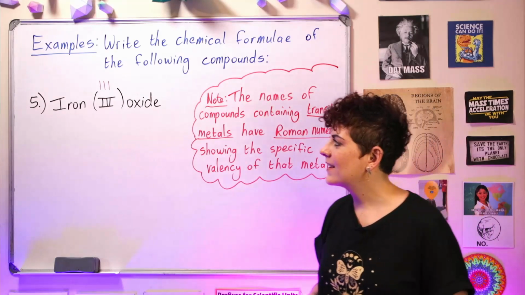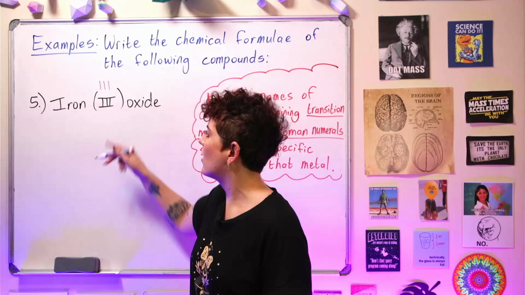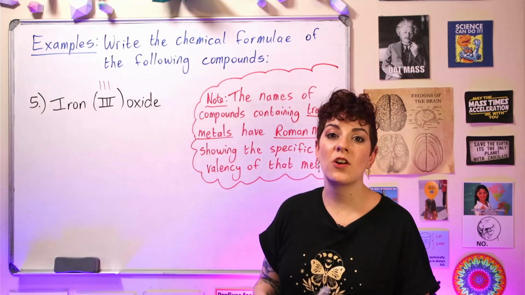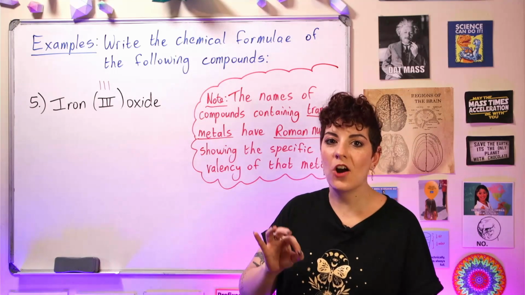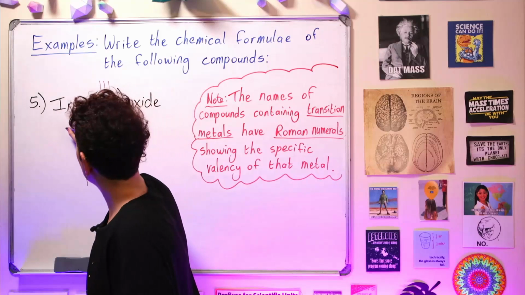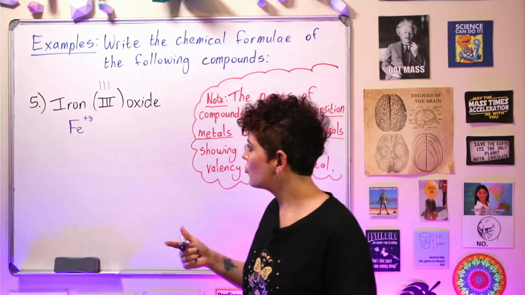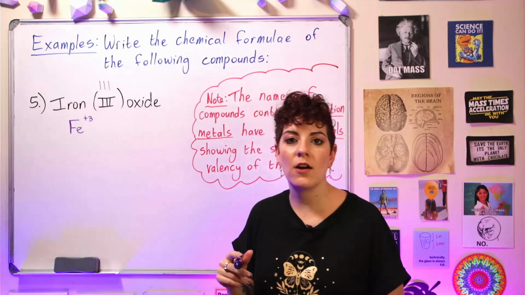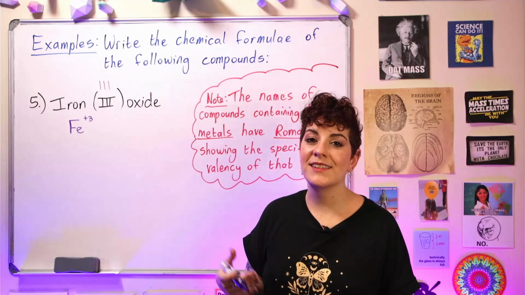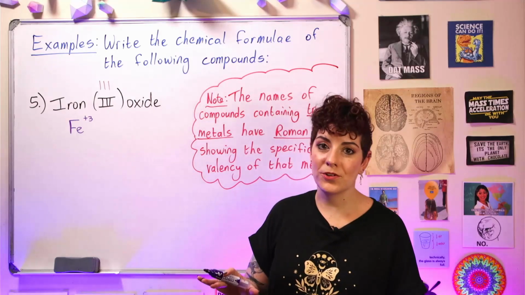So the fact that they give us iron 3 oxide, that means that it contains the iron ion that is Fe plus 3. We know it has to be plus because it is a metal, and the 3 comes from the Roman numeral of 3. You could have also written this as Fe3 plus, also fine.